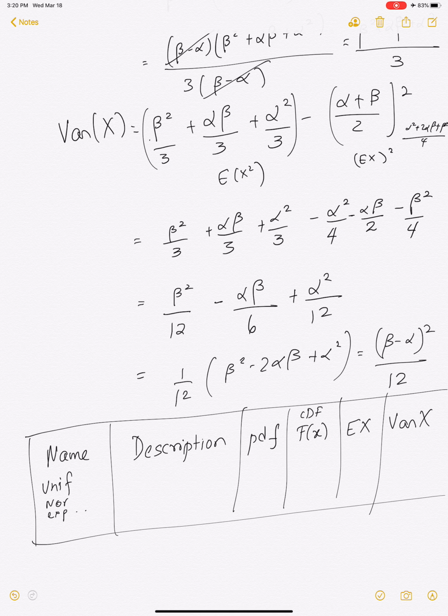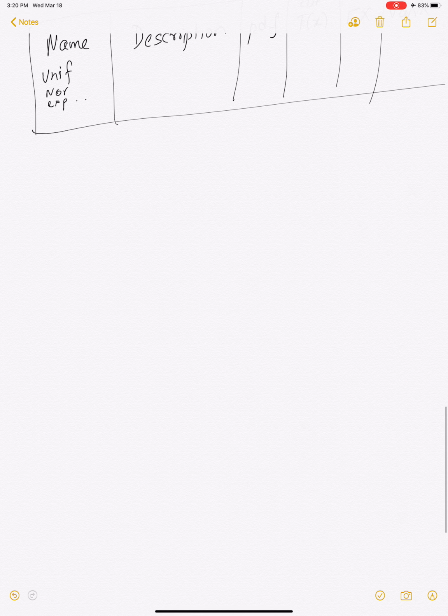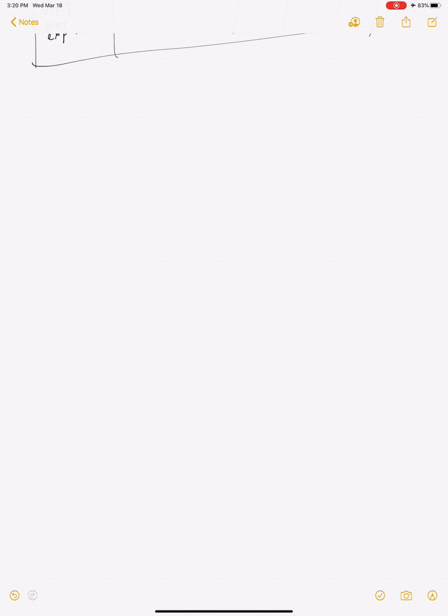All right. So let's now go ahead and look at some examples where we're using this. Let's just first do a basic one. Let's suppose x is uniform from 1 to 9, and I'm going to ask you 3 questions.